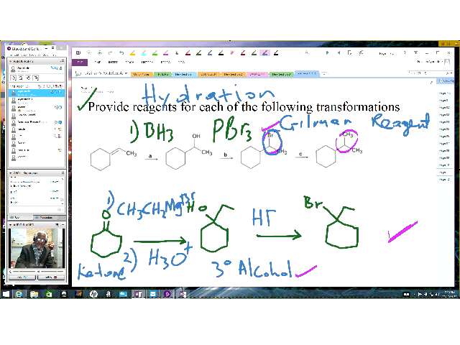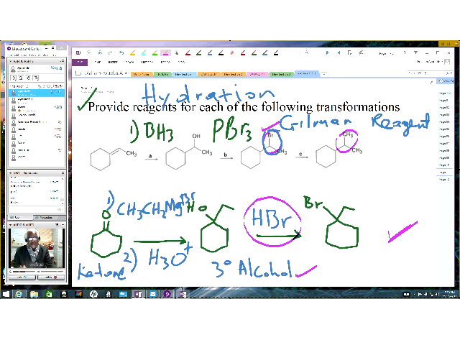HBr, hydrogen bromide. So anytime you have a tertiary alcohol and you want to convert the tertiary alcohol to a tertiary alkyl bromide, the reagent that you need to use is hydrogen bromide. Okay? So you need to know this reagent. Very, very important that you know this reagent.